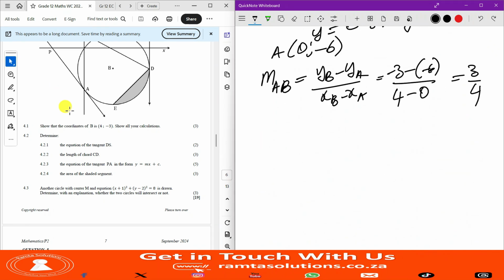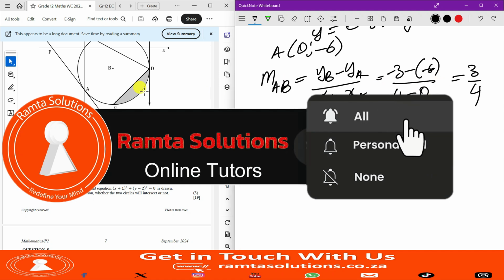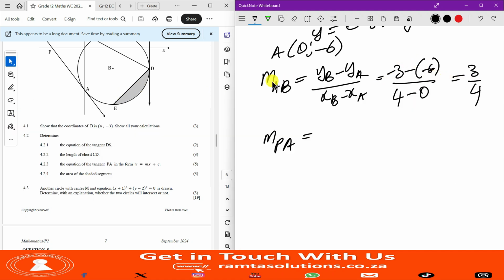Now, line PA is perpendicular to AB, isn't it? So it means the product of the gradients must be negative 1. So it must be minus 4 over 3, right? Why? PA is perpendicular to AB, or tangent perpendicular to radius. So the product of perpendicular lines' gradients is minus 1, all right?